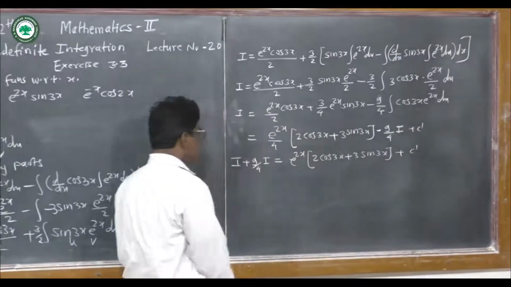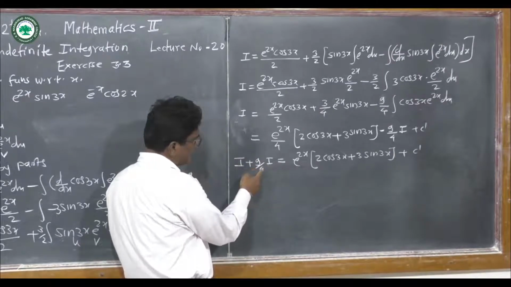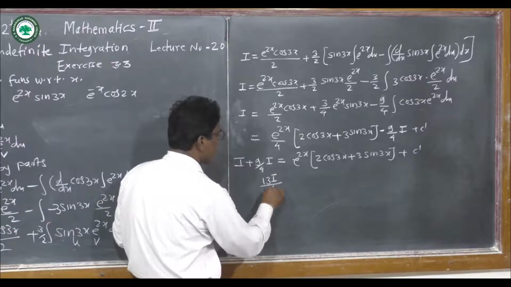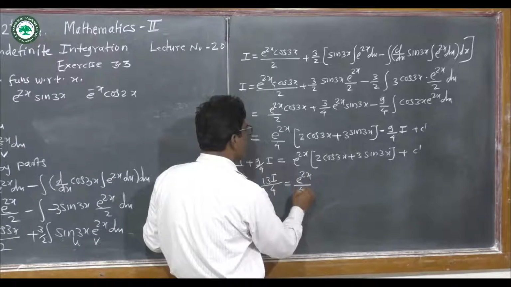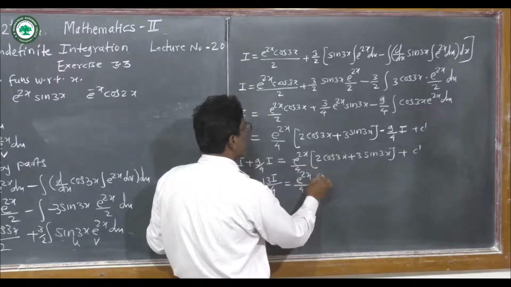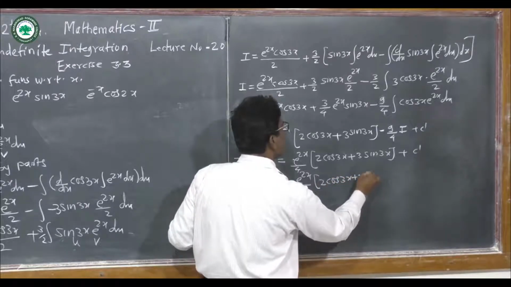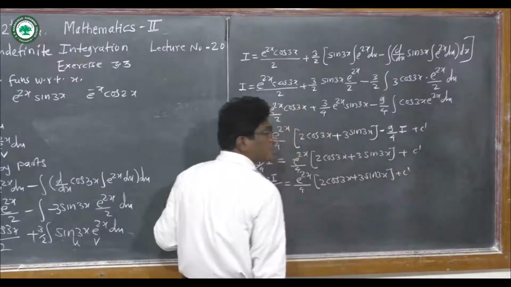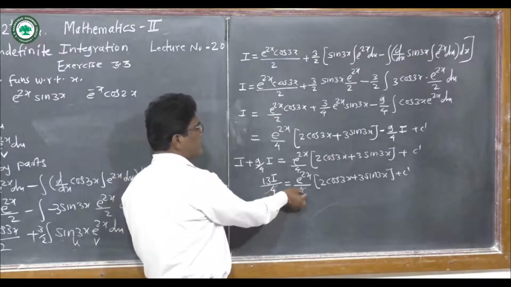Now I plus 9 by 4 I, so 4I plus 9I, that is equal to 13I. 13I upon 4 is equal to e to the power 2x upon 4 in the bracket 2 into cos of 3x plus 3 into sine of 3x and plus constant of integration c dash, suppose. Now this 4 and 4 get cancelled.